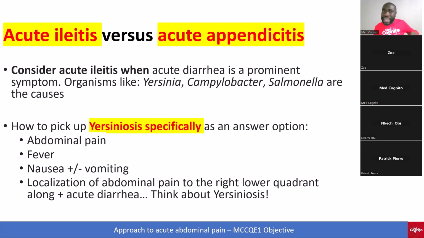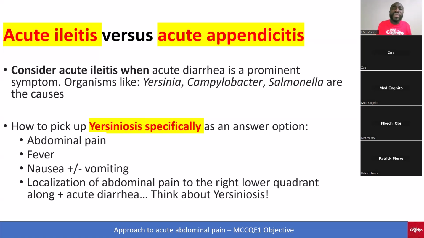Remember that diarrhea may happen in acute appendicitis, but it is an atypical presentation. But if you have a patient with right lower quadrant pain and diarrhea, think about organisms like Yersinia, Campylobacter, Salmonella. That should point you to ileitis.